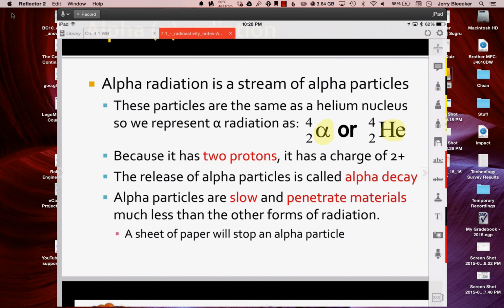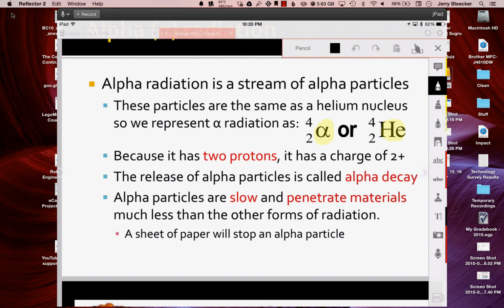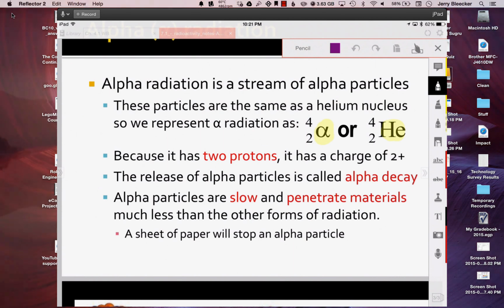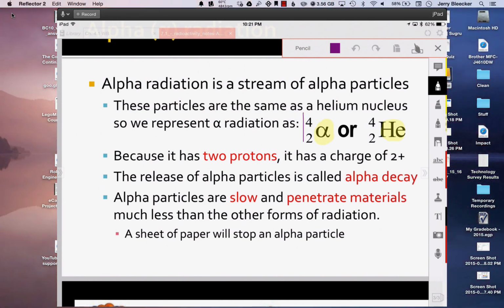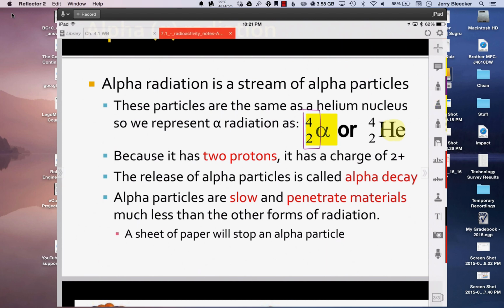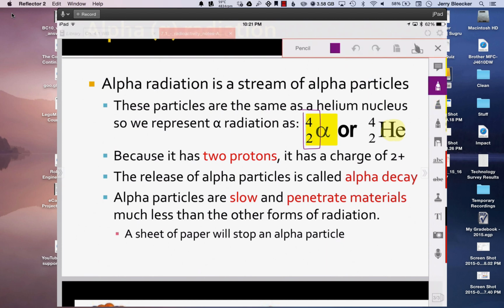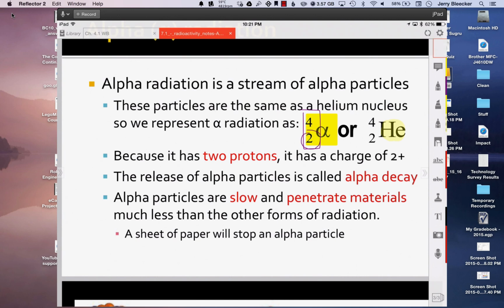What I think is really important for you to keep your eye on is that this information here is really important. So your mass is 4 and your number of protons is 2. So I'll highlight the number of protons. That indicates the number of protons. So the top number 4 is your mass.